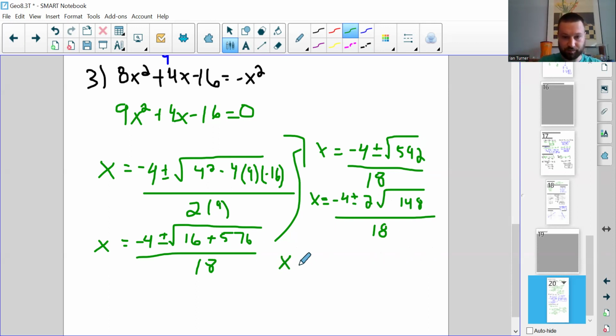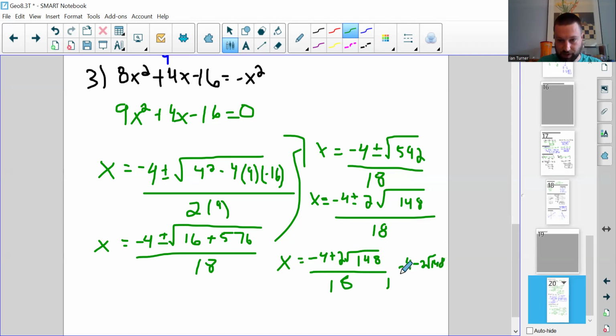We get -4 plus 2 times square root of 148 over 18. And we get -4 minus, oh man, I'm going to run out of room, 2 times square root of 148 over 18.